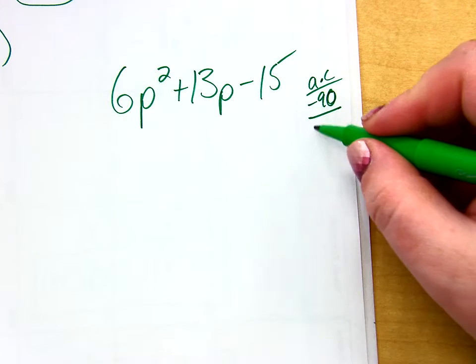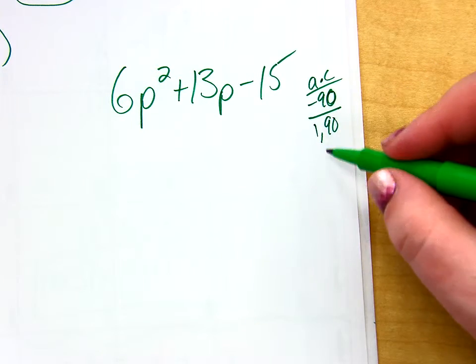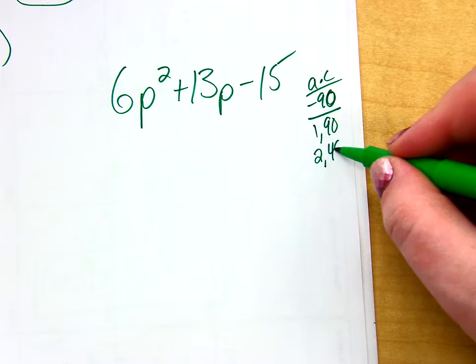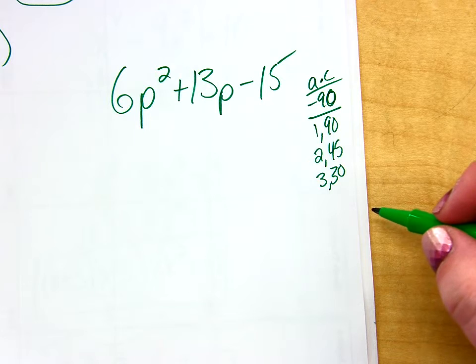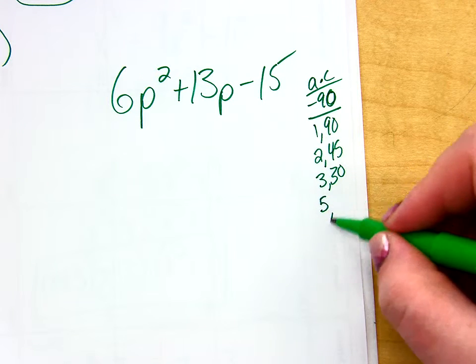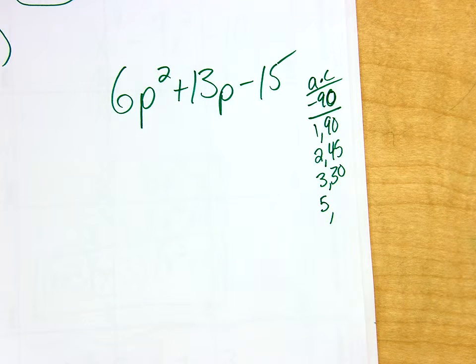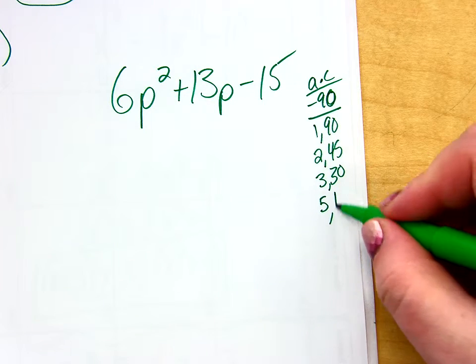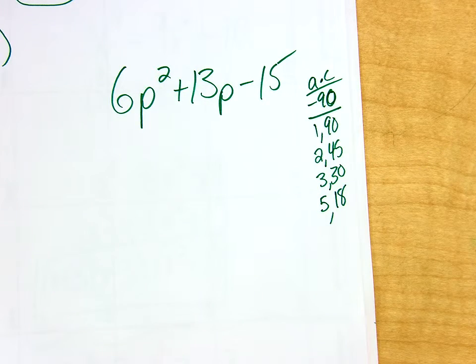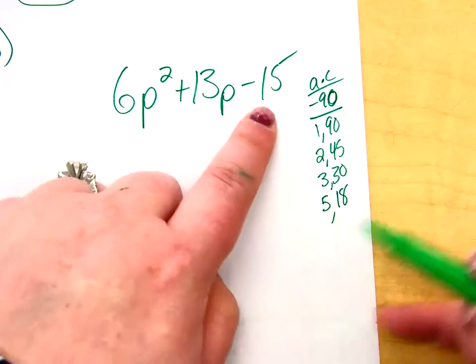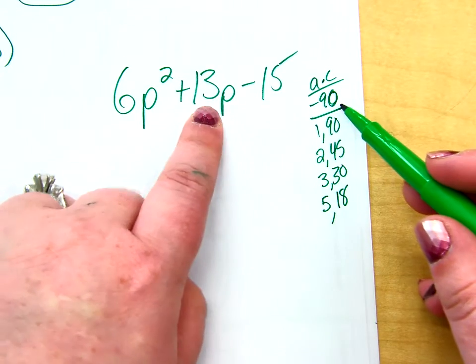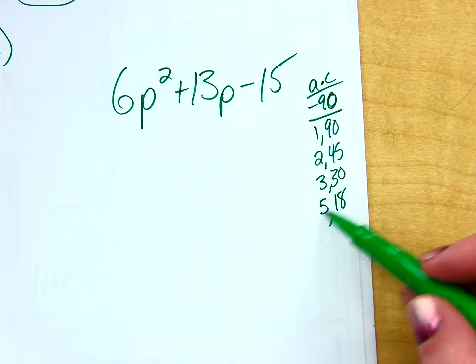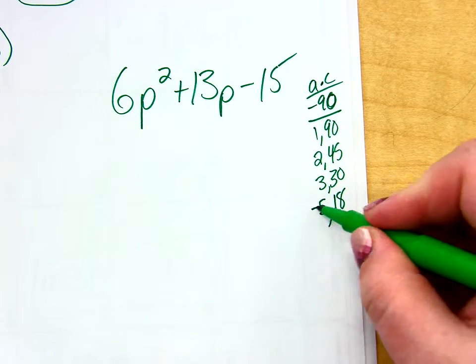I want factors of negative 90 that add to a positive 13. Well, I'll just start listing. 1 and 90, that's not going to get me to a 13. 2 and 45, no. 3 and 30. 4 does not go into 90, but 5 does. 5 and, is it 18? Oh, there it is. Now, let's figure out the signs, though. That needs to multiply to be a negative 90, but add to be a positive 13. So who's negative here? 5.